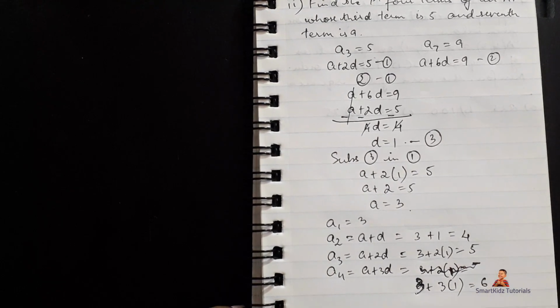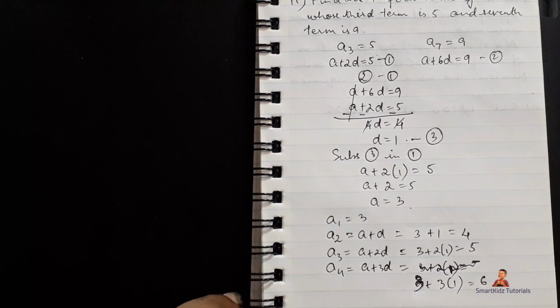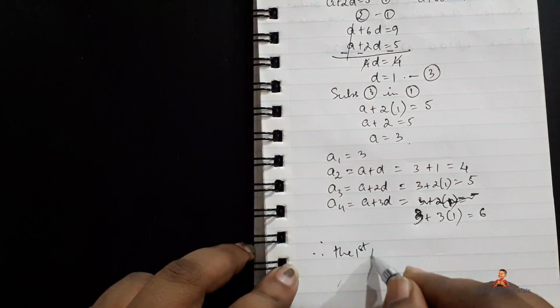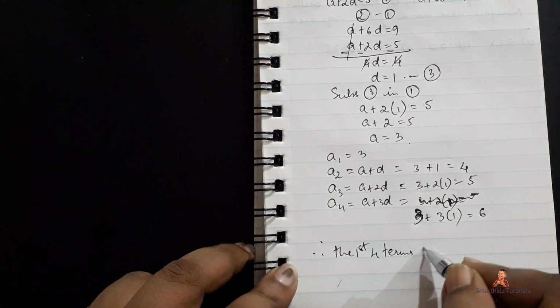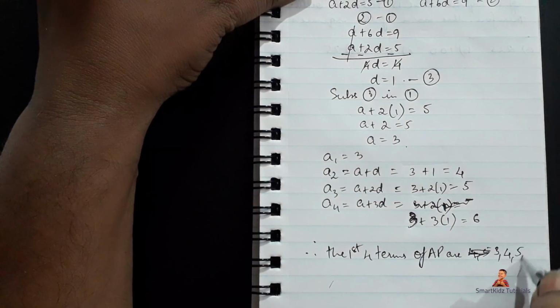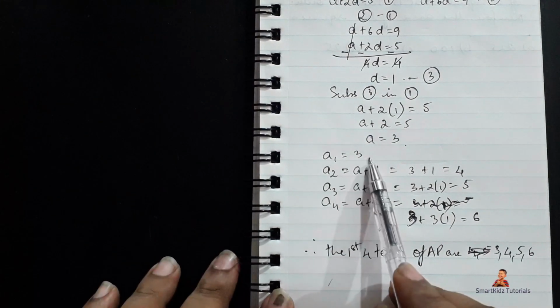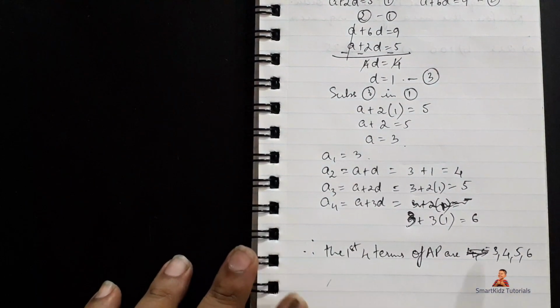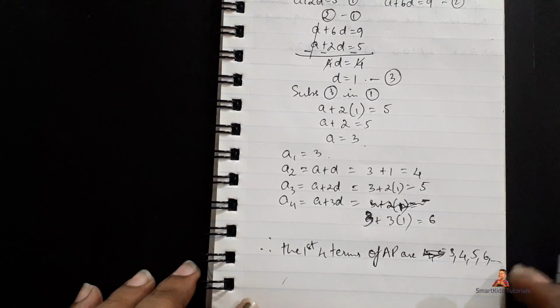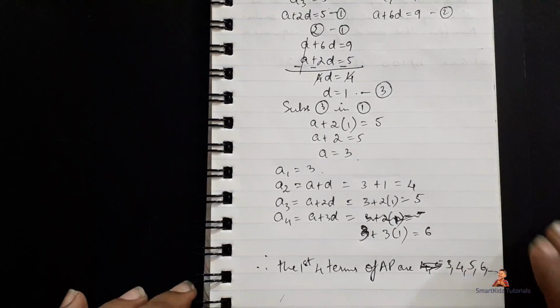So we have the first 4 terms, and therefore we can say the first 4 terms of the arithmetic progression are 3, 4, 5 and 6, because A1 is equal to 3. So 3, 4, 5, 6 and so on, because it's an arithmetic progression. So these are the first 4 terms, 2 marks for this.